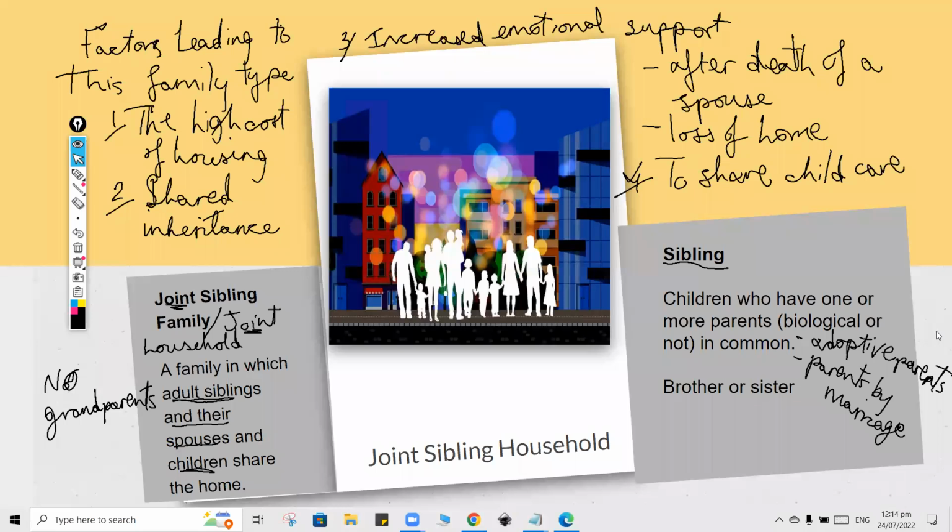Do all the siblings have to have children? The definition envisions the siblings having children, but it is possible that one might not, and it would be a joint sibling family or a joint household. Joint is what is important.